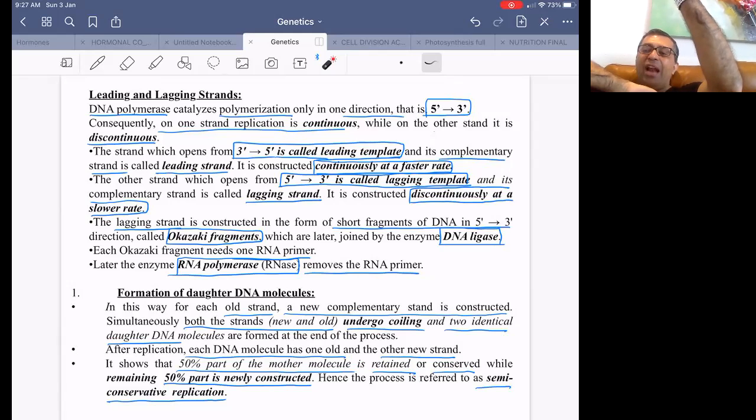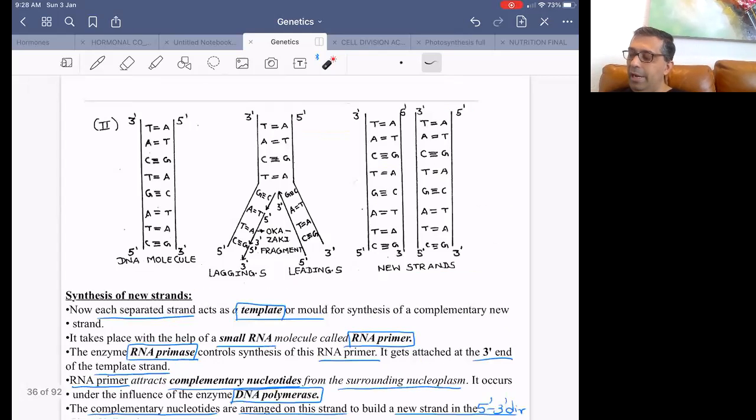One fragment, this second fragment, this third fragment, and more small fragments are formed. Leading is continuous. Lagging is in the form of small fragments. What are the fragments called?